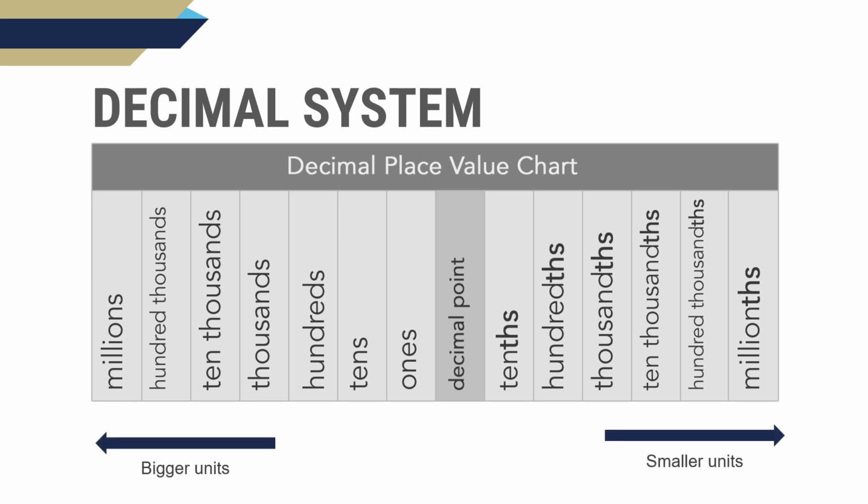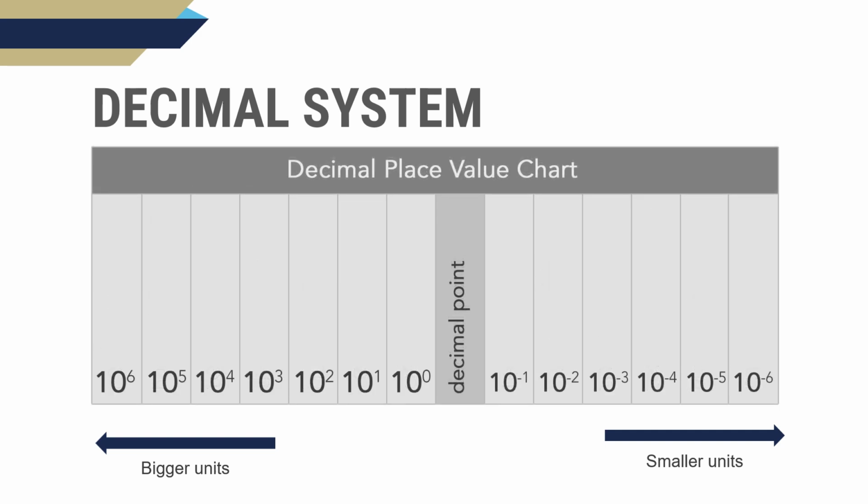So as you move to the left in this chart, the value is 10 times larger than the place to its right. If you go to the right, the value is 10 times smaller than the value to its left. Place values in the decimal system change by powers of 10. Here's that same place value chart showing the powers of 10.